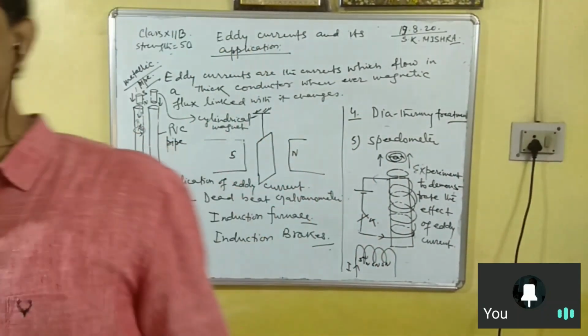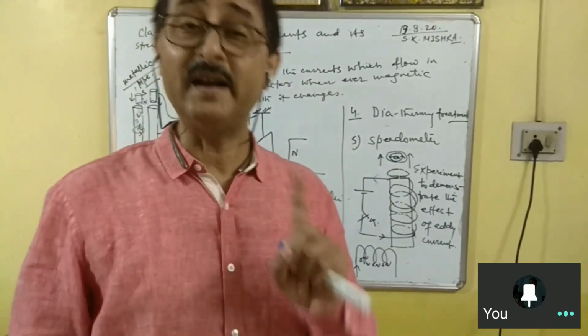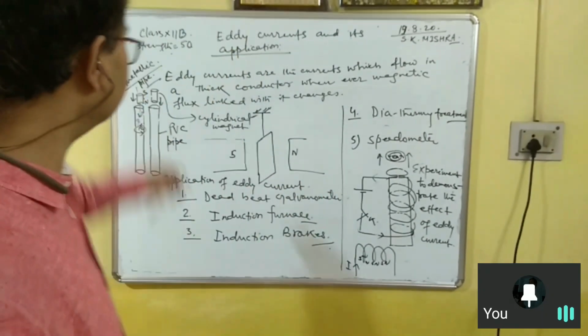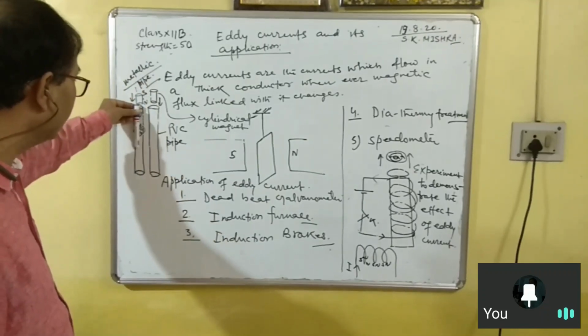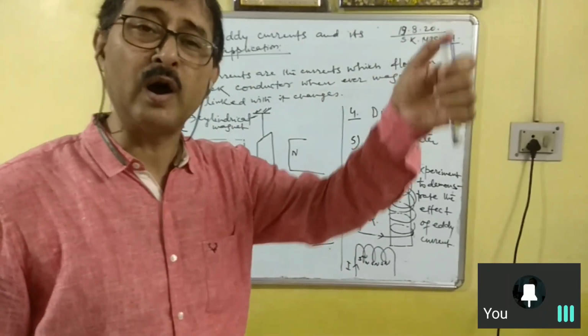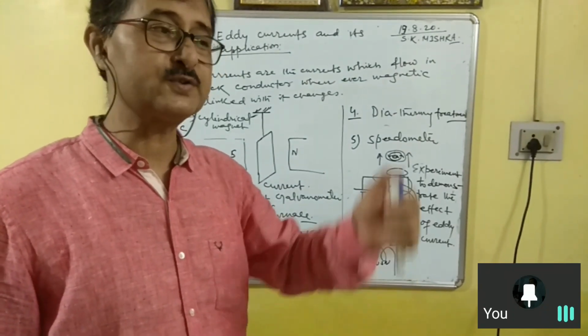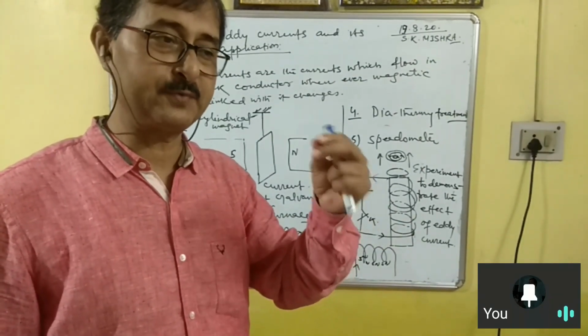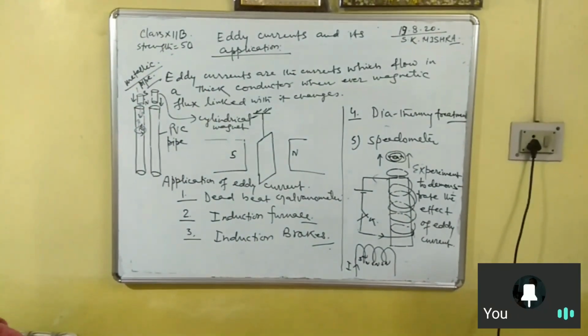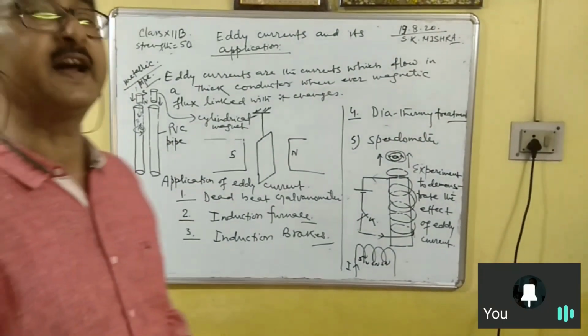Why? Because of the eddy current, which opposes the cause. Since the magnet is falling through the pipe, the eddy current opposes it, so the motion is slowed down. It will fall slowly and take a few minutes more. So that's the reason. These are the experimental demonstrations of eddy currents.